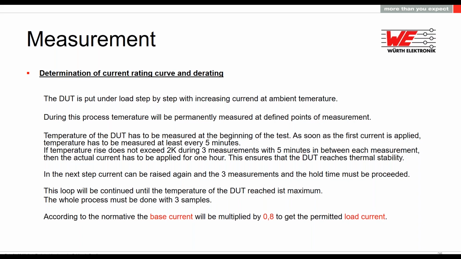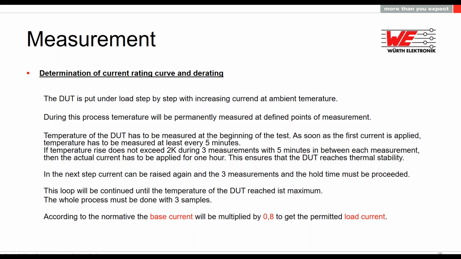Then we can repeat this again and again until the maximum temperature that we defined that is allowed for this part. And you have to do the whole process with at least 3 samples. So you can see it's a very time-consuming test to do a really good derating test according to the normatives for a connector. It can easily cost you three quarters of a day.